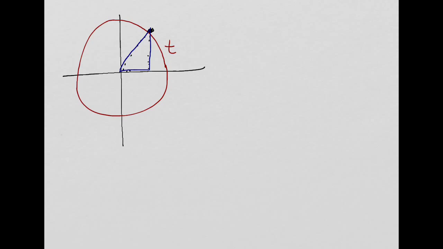Because this point, coordinates x, y, we know that the functions cosine of t and sine of t will correspond to the coordinates of that point. But what we can also see, this length here corresponds to that distance x.